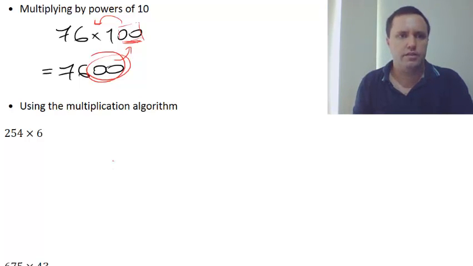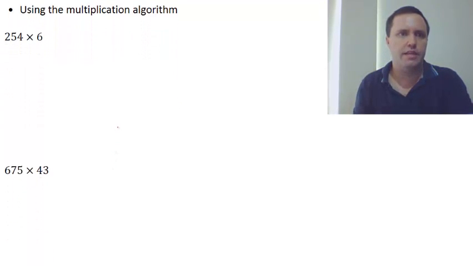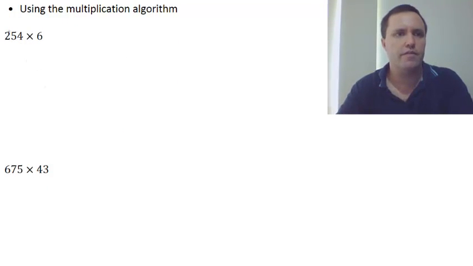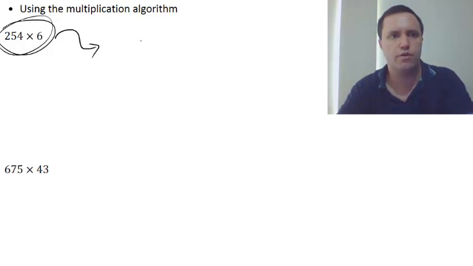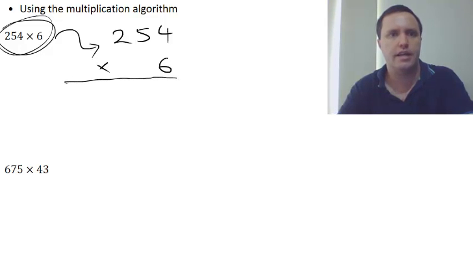Okay. Now, using the multiplication algorithm, again, this is something that a lot of you have probably seen before, so I'll kind of fly through it. If you see something like this, you can rewrite it as 254 times 6. So rearrange it like that. And we go about it by just successively multiplying this 6 against those different place values. So 6 times 4 is 24.